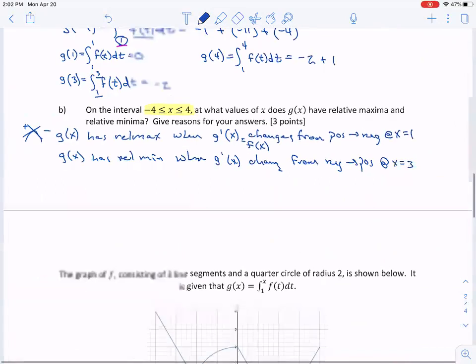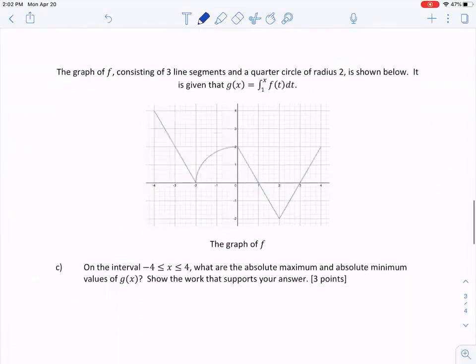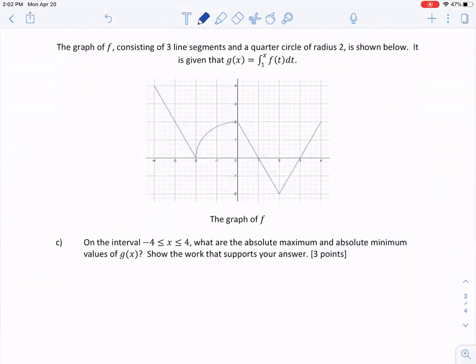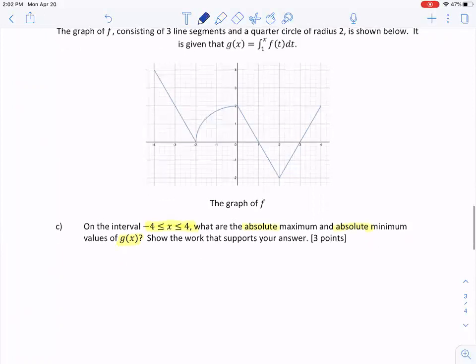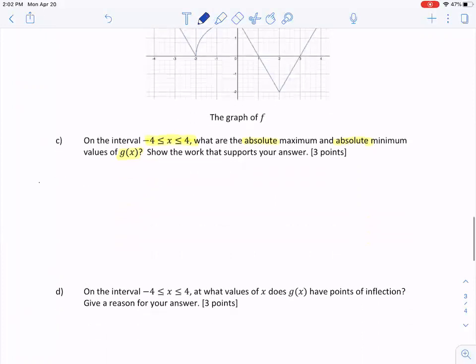Okay. All right. Moving on to part C. On the interval again, from -4 to 4, what are the absolute max and absolute minimum values of g at x? Well, as soon as I see the word absolute max and absolute min, I'm going to set up a table.